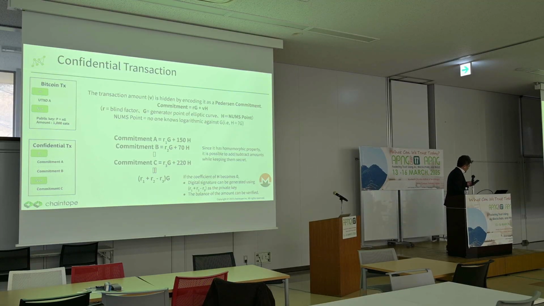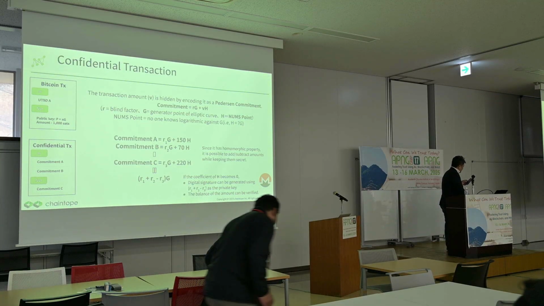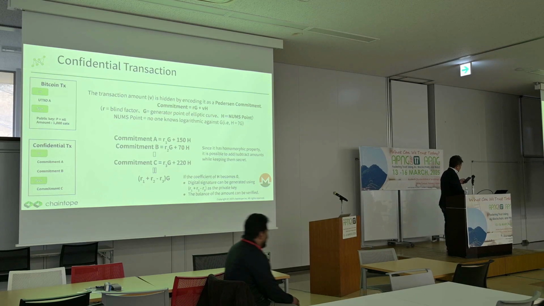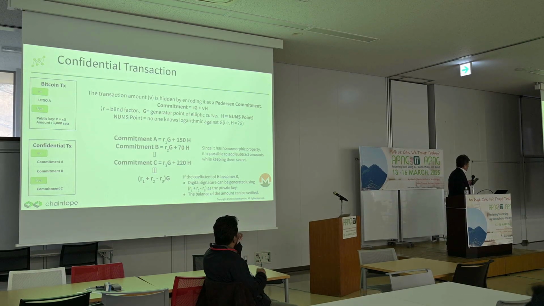Then calculate A + B - C. If the sum of the input amounts is equal to the sum of the outputs, the coefficient of the NUMS point H will be 0 and will disappear. So in this case, a digital signature can be generated using r1 + r2 - r3 as a private key. The balance of amounts can be verified, so no one is cheating.